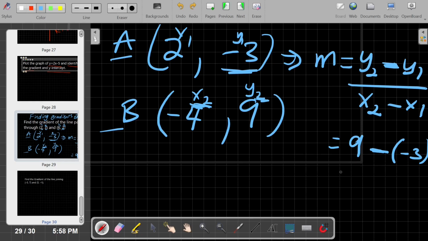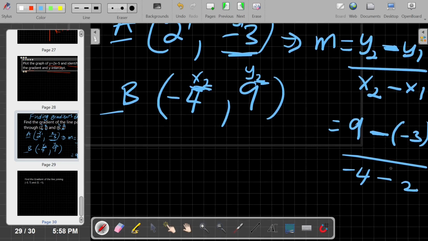Therefore, let's go ahead and just complete this one. My x2 is a -4, and of course my x1 is going to be 2, and I'll just do my mathematics right there. 9 minus -3 is the same as 9 plus 3, which should be able to give me a 12, and -4 minus a 2 should be able to give me just a -6.